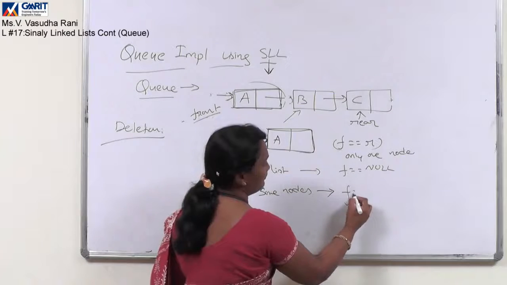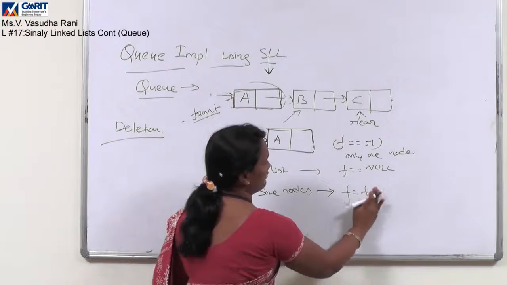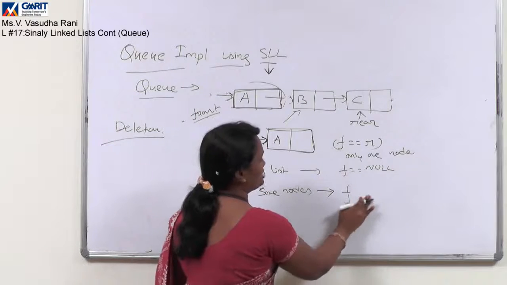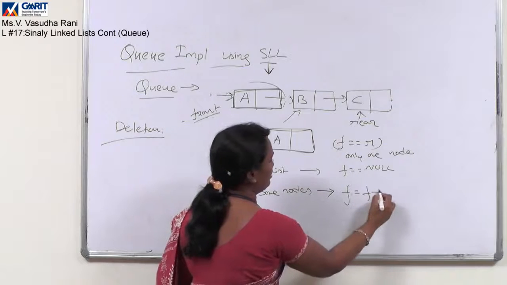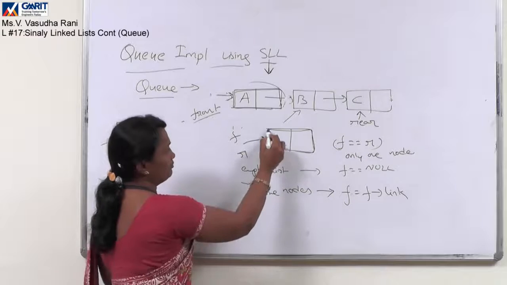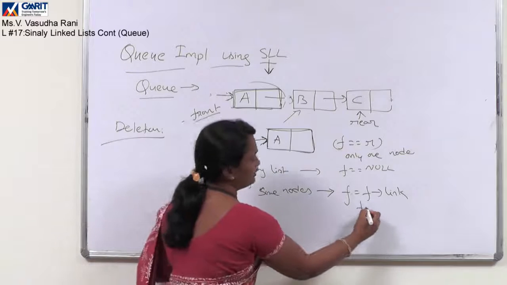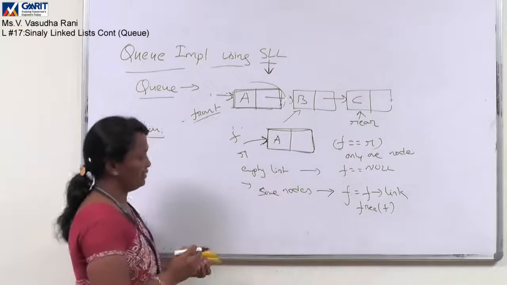How is it possible? Using the statement front equal to front link. So later you have to free that front node. So these are the three cases we'll get.